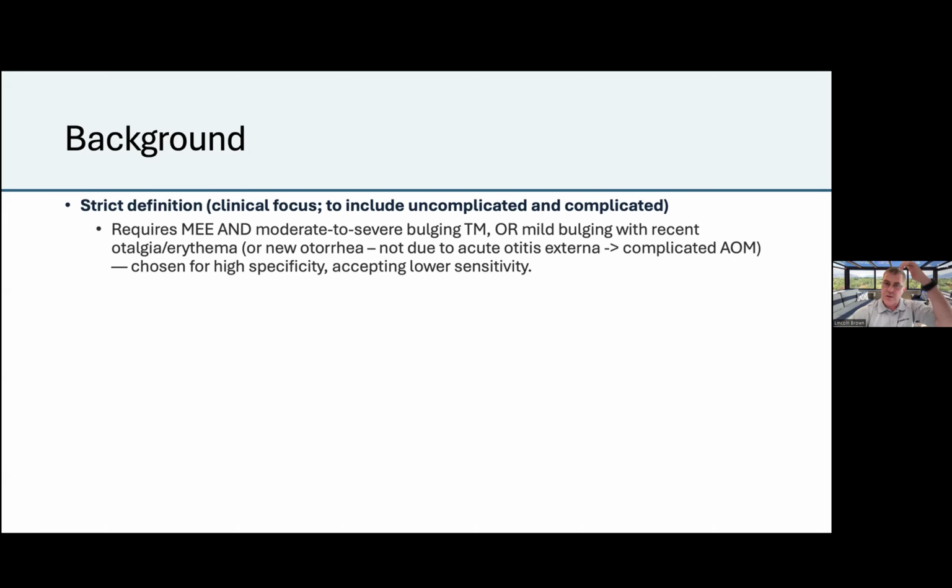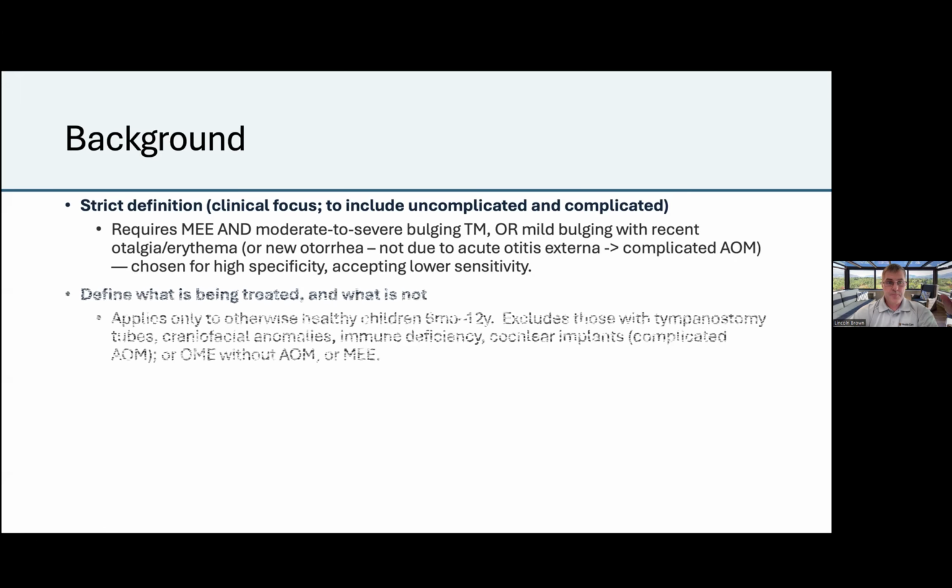They wanted to be more specific, and the authors of the guideline specifically addressed the fact that they want the specificity, accepting that there might be a lower sensitivity. Some of those very mild acute otitis media cases may get missed, but this was their goal with the 2013 revision.